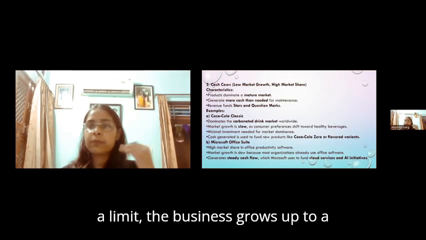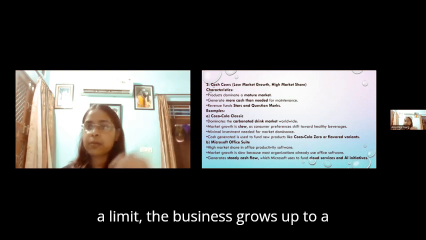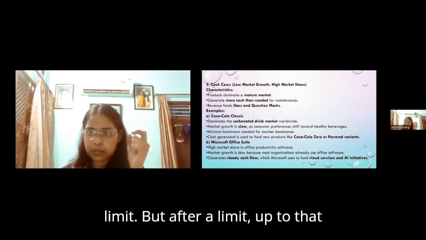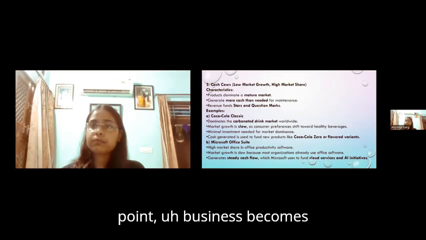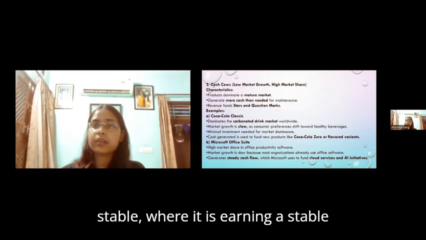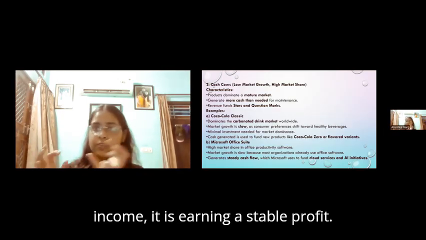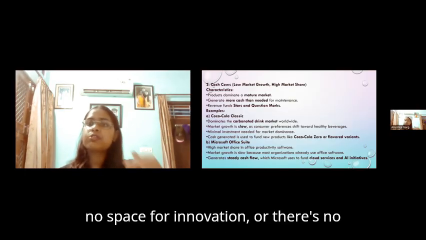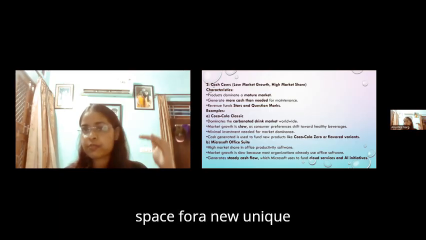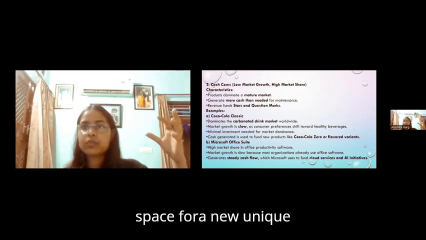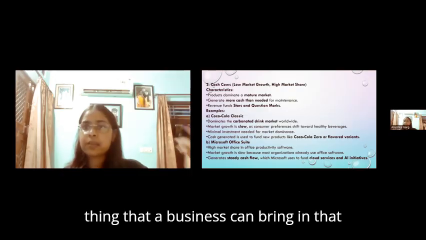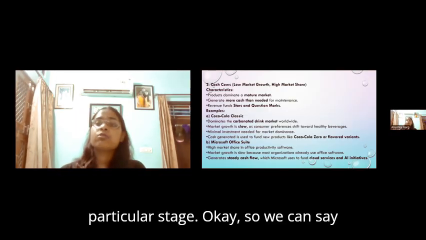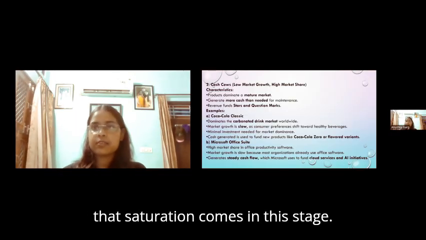The business grows up to a limit, and up to that point, the business becomes stable, where it is earning a stable income and a stable profit. But now there is no space for innovation, or for a new unique thing that a business can bring in that particular stage. Okay, so we can say that saturation comes in this stage.